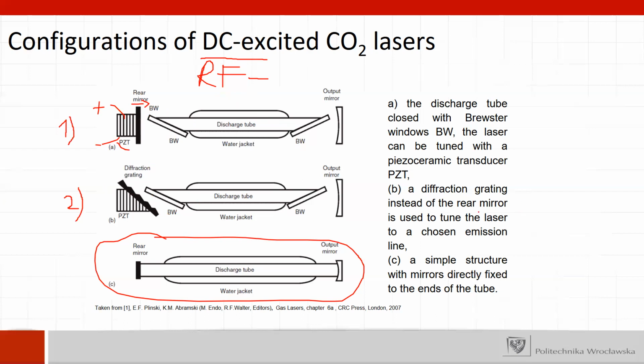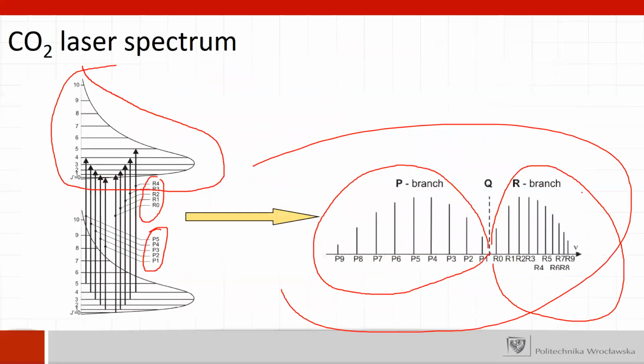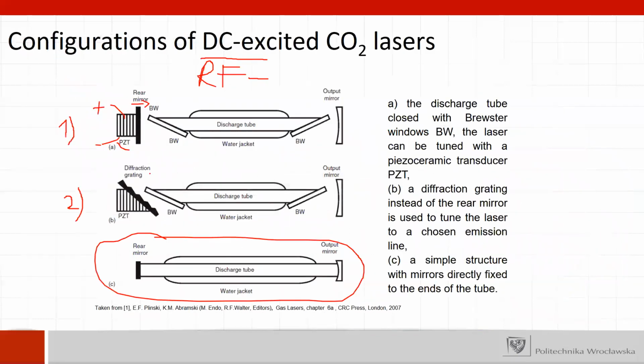And since we know that the spectrum consists of these two branches, so we have many lines. If we want to select these lines, one can use a diffraction grating inside the laser that will act as a filter, because the diffraction grating will reflect different wavelengths under a different angle.